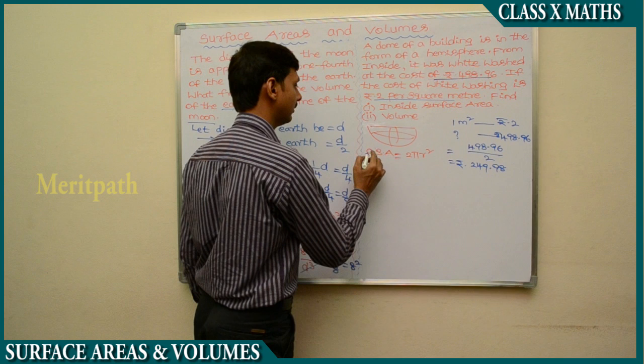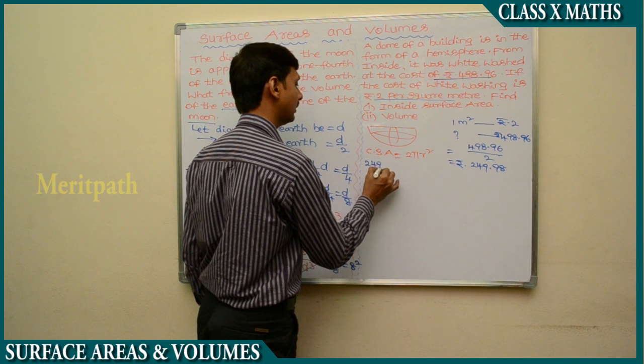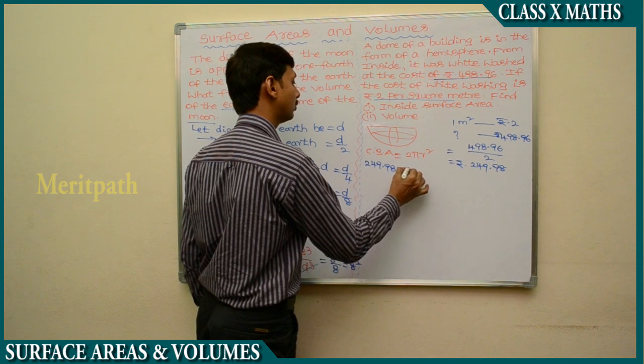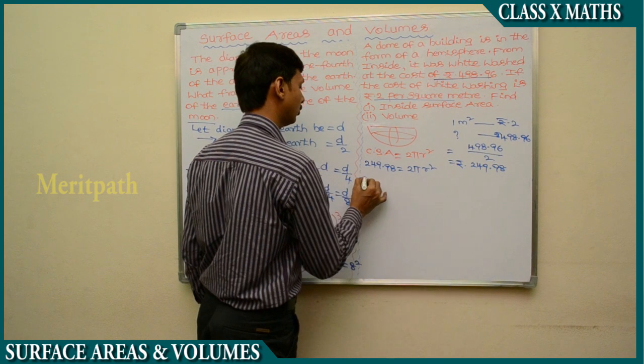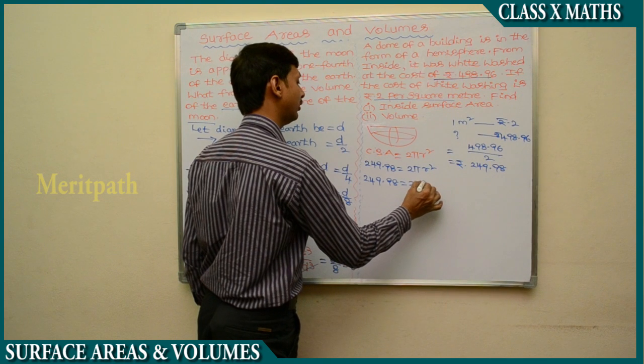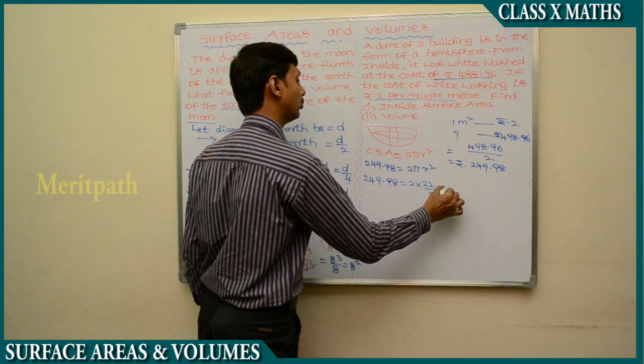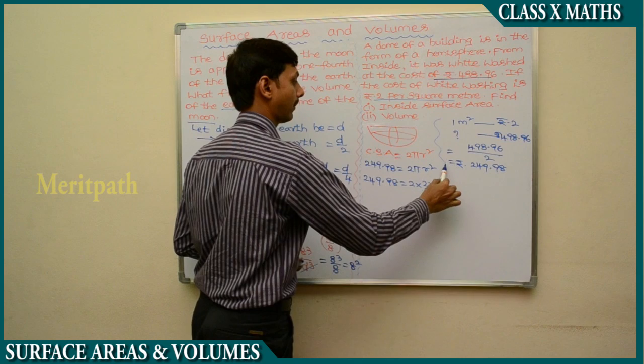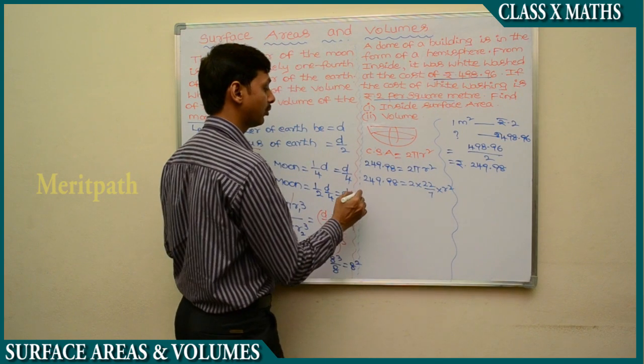Let's substitute in this place. So 249.98 is equal to 2 pi r square. So 249.98 is equal to 2 into 22 by 7 into r square. So let's transpose this.